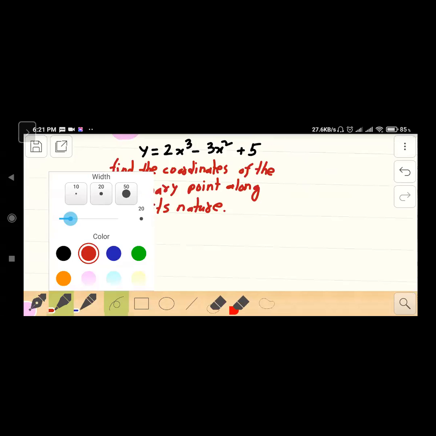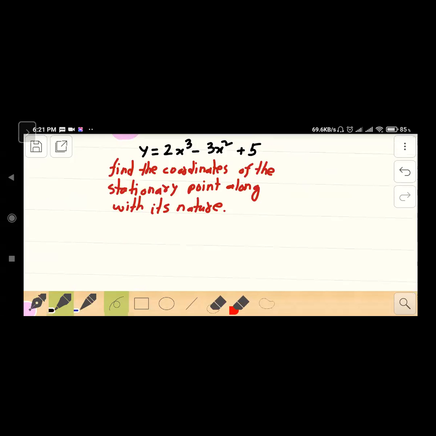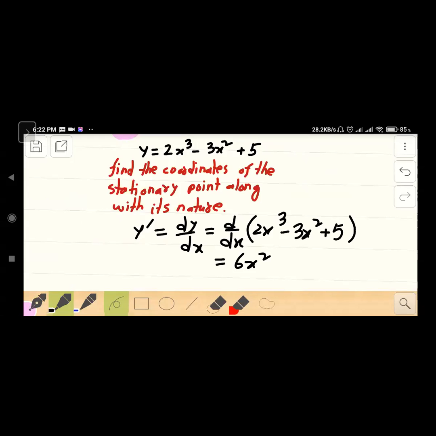Okay, so first of all we have to find dy by dx, that means the y prime. So y prime is dy by dx, which will be equal to d by dx of 2x cube minus 3x square plus 5, and that will be equal to 6x square minus 6x.